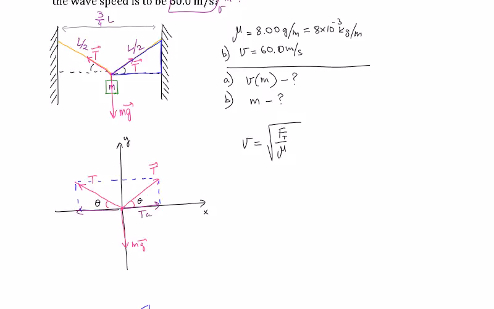So this is T cosine theta, this is T cosine theta, so they will cancel each other. However, the y components, T sine theta, would add up. So we will end up having 2 times T sine theta equals mg.